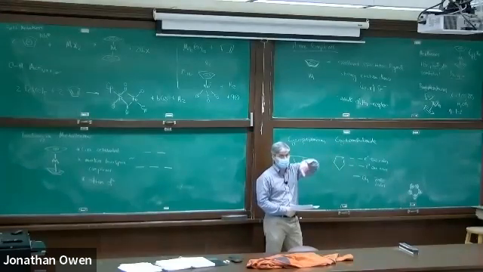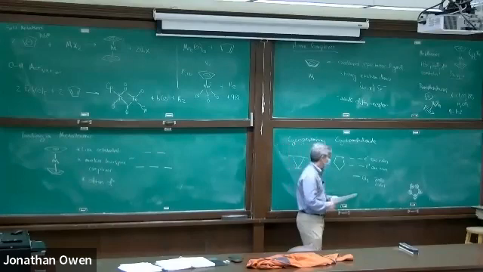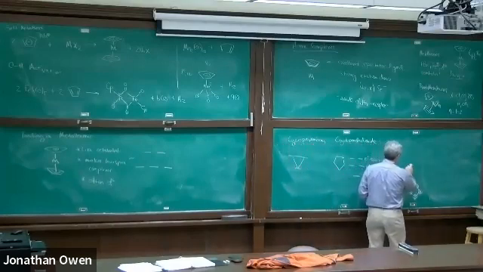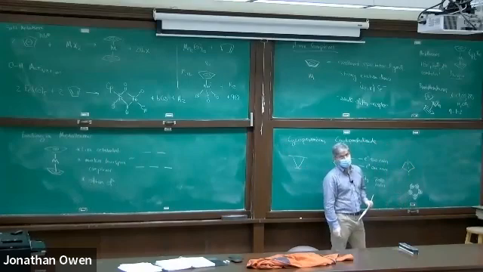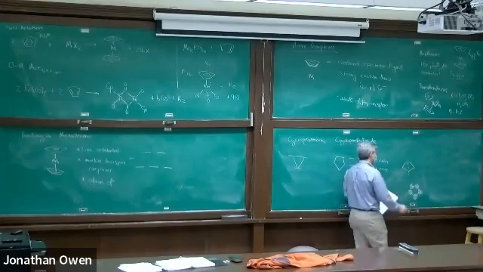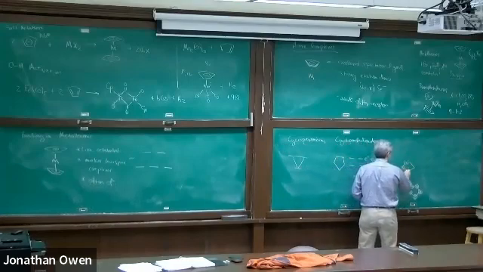So there's 0 nodes in the pi system. The next one has a node. So how do you draw that? Well, you pick an orientation where the node is lined up with one of the atoms. The molecule doesn't care where you draw the nodes. We're just going to pick a node along the atom to make our lives easy and make the drawing neat. And then the left-hand side of this node is going to be positive and the right-hand side is going to be negative.